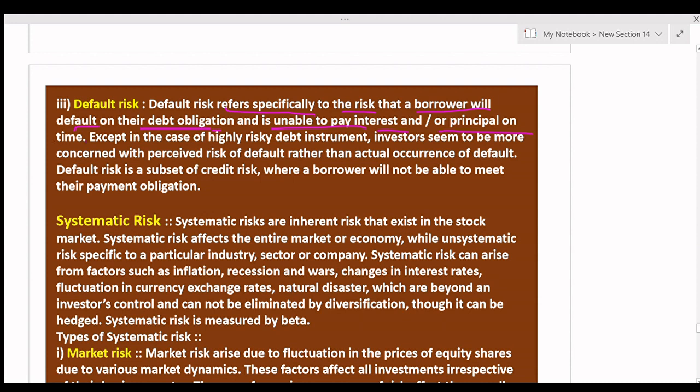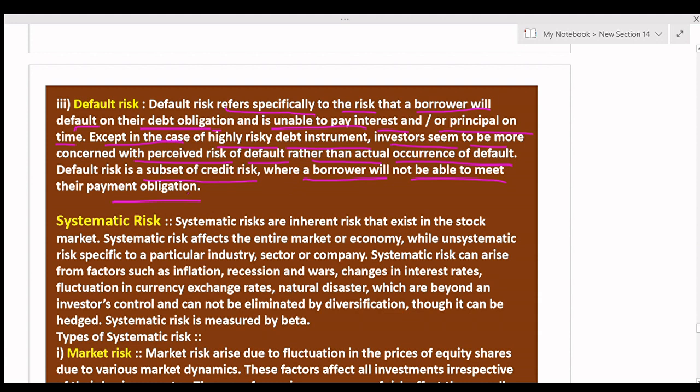Except in the case of highly risky debt instruments, investors seem to be more concerned with perceived risks of default rather than actual occurrence of default. Default risk is a subset of credit risk where a borrower will not be able to meet their payment obligations.